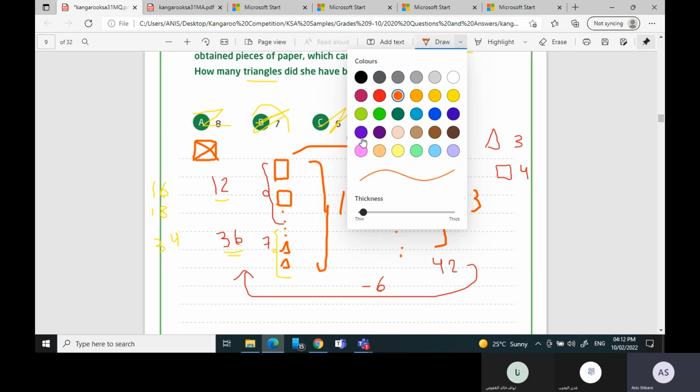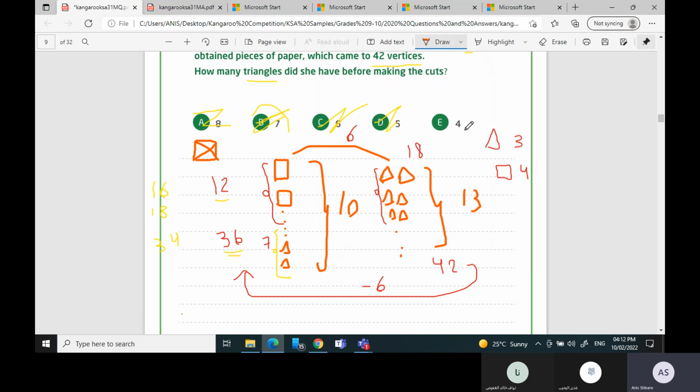Okay. So if we say that I have 4 triangles, 4 times 3 vertices, of course it's 12 vertices. Okay, 4 times 3 is equal to 12, and the rest is 6 squares.